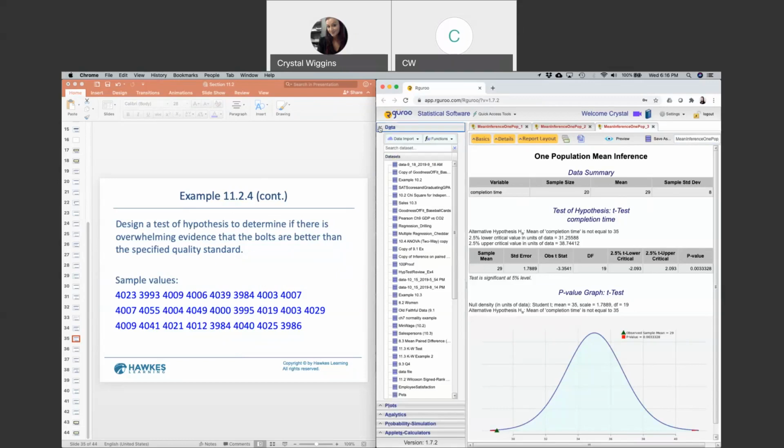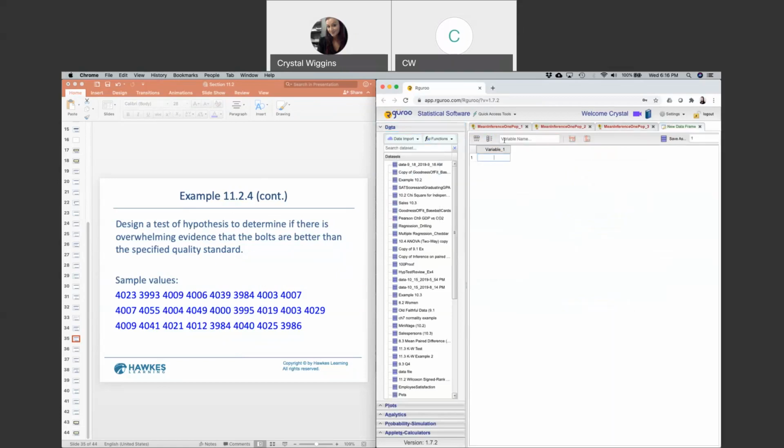So I'm going to go to data, I'm going to go to import data and create the data set. I'm going to label my variable name. These are going to be bolt strengths in PSI. And we need, they said 25 data values. Oh man, okay, this is a bigger data set than we're used to typing in ourselves.